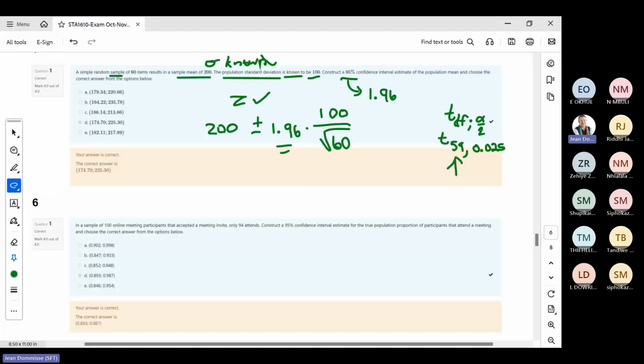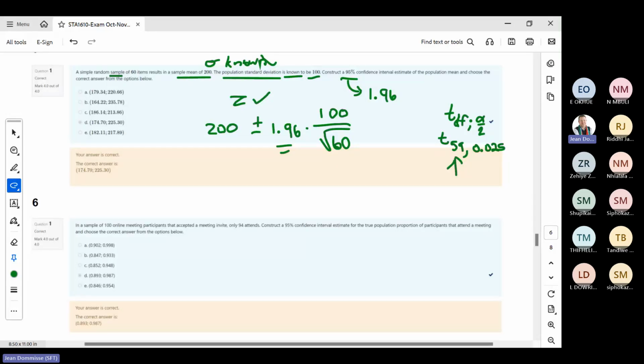So with this one, normally the big catch is around this question. I can't do it with a proportion because proportion is always a Z. So just be careful what they do with the population standard deviation.